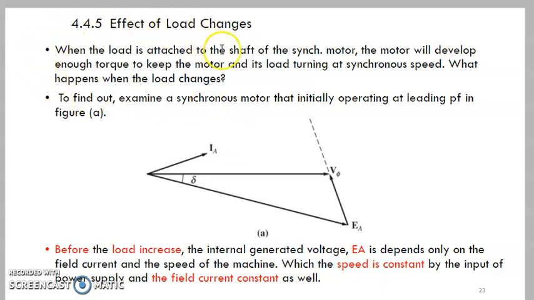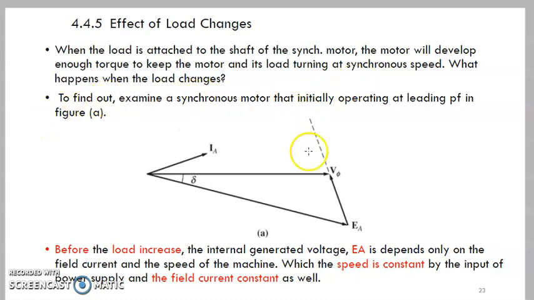What happens when we change the load on the synchronous motor? The load is attached to the shaft of the synchronous motor. The motor will develop enough torque, and the torque should be within the motor capability to keep the motor turning at synchronous speed. What happens when the load changes?